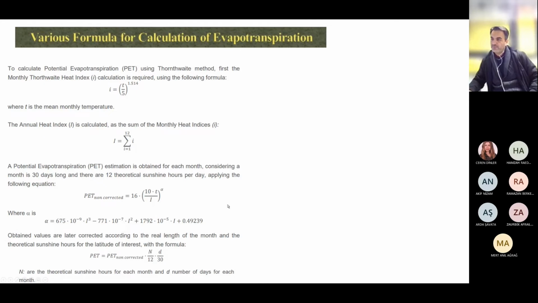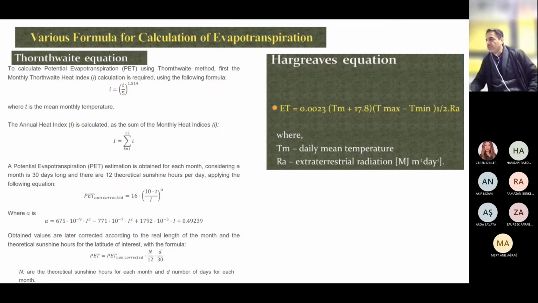So the Thornthwaite equation is one way to calculate PET. We also have the Hargreaves equation. In the Hargreaves equation, we use the maximum, minimum, and average temperature of a day, and also extraterrestrial radiation. Extraterrestrial radiation is the radiation that we have outside the Earth's atmosphere, and this formula can be used to calculate evapotranspiration.